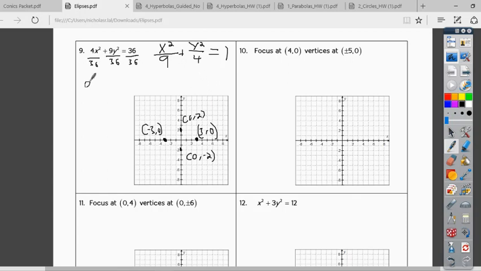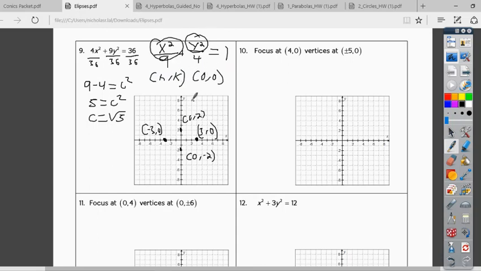9 minus 4 is equal to c squared. 5 is equal to c squared, so c is equal to the square root of 5. Our center is still at 0, 0. Remember, h, k is still at 0, 0, looking at our x term and our y term.